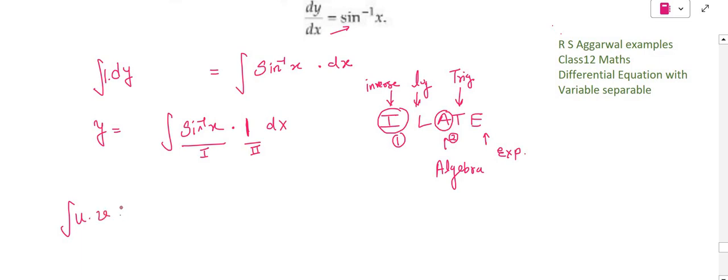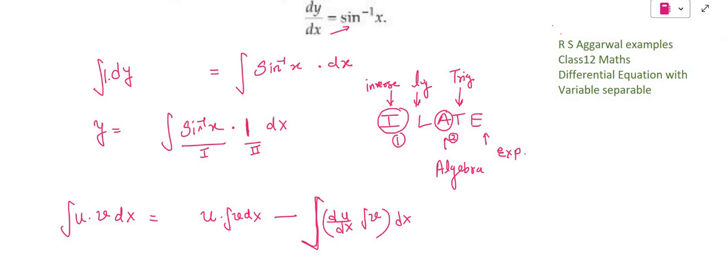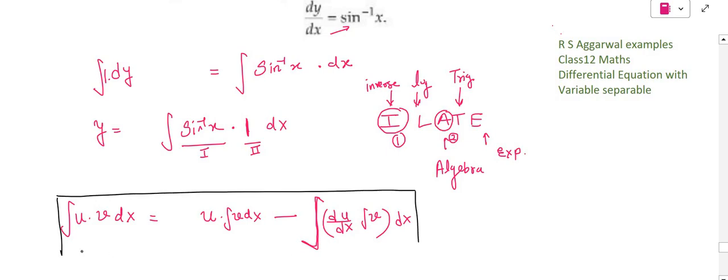So u into v, where there are two functions, integration was u as it is, integration of v, minus derivative of u, integration of v, and integration of the entire function. Correct? If you remember, this was the formula for integration of u into v. So I will be using it here, where this will be my u and this will be my v, first and second function. Okay, I hope you remember.